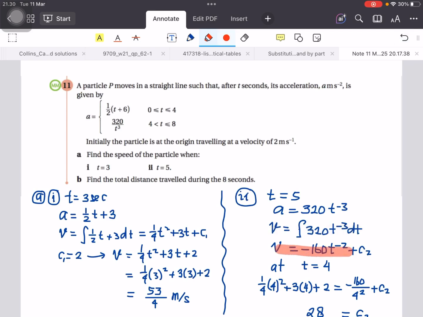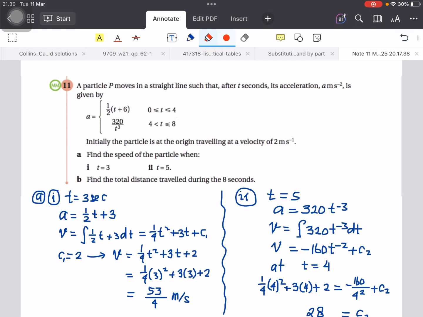So the velocity is -160 t to the power of -2 plus c2. And then how to find the value of c2? To find c2, we can use the continuity condition that we have t equals 4 as the boundary between the first and the second formula.